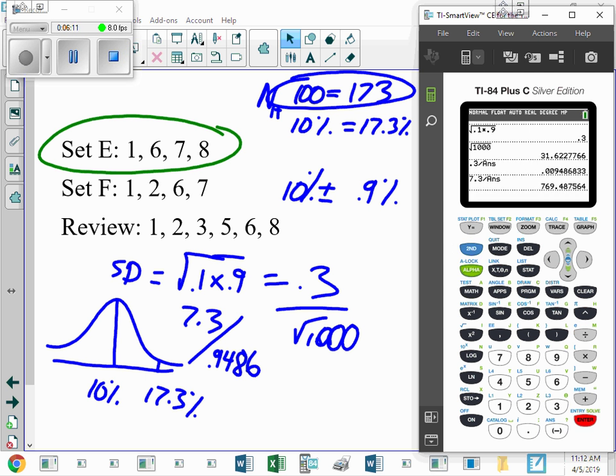Oh, dang it. Divided by 100. So I get 6.7 SEs. What is the area to the right of 7.7 SEs? 0. Our shade norm can't even give us a difference. If we shaded norm from -7 to negative infinity, we would get 0.